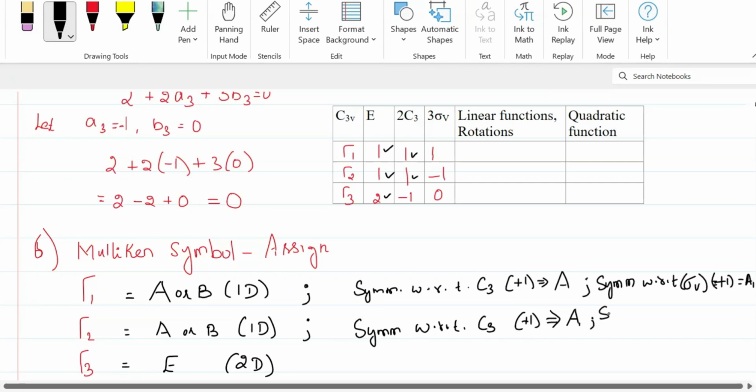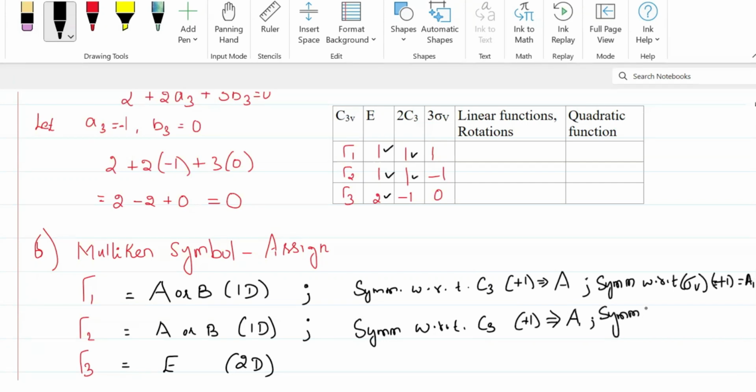Similarly here, symmetry with respect to sigma V, it is antisymmetric actually. That is, it is antisymmetric with respect to sigma V, minus 1, then that should be 2.